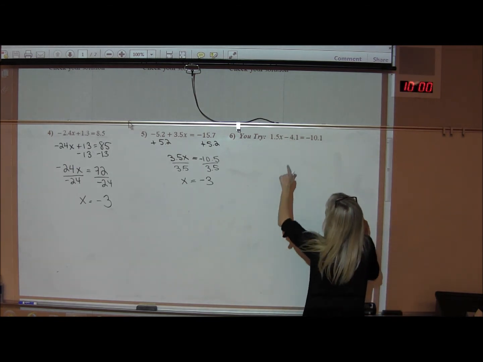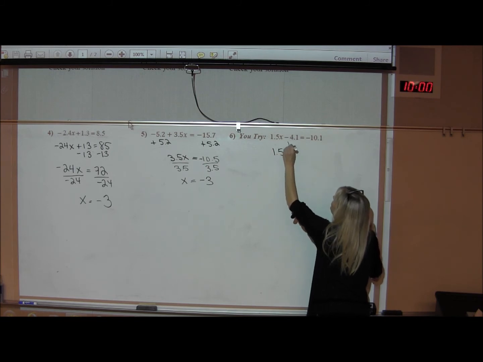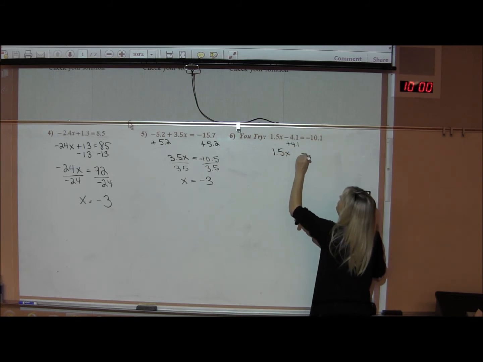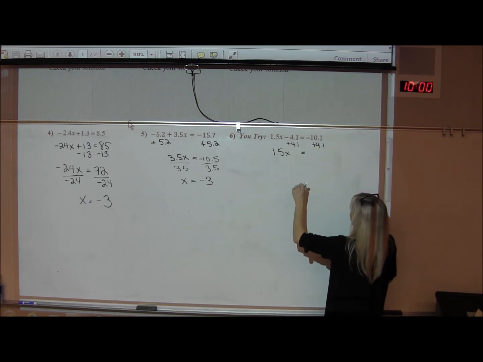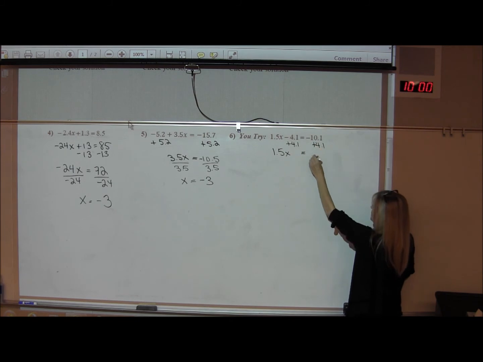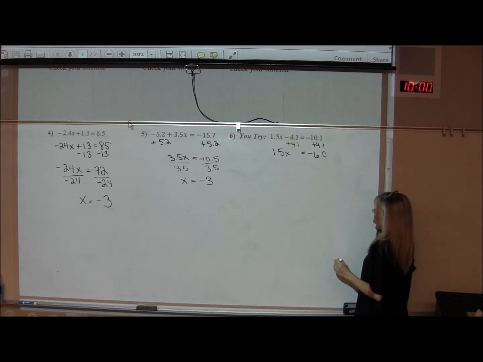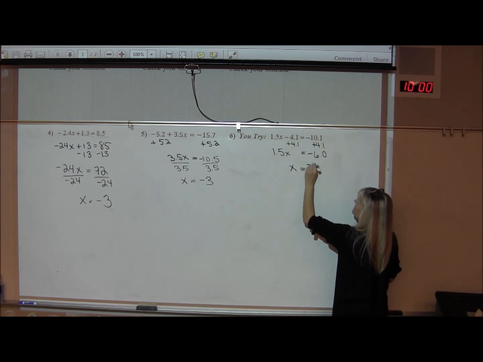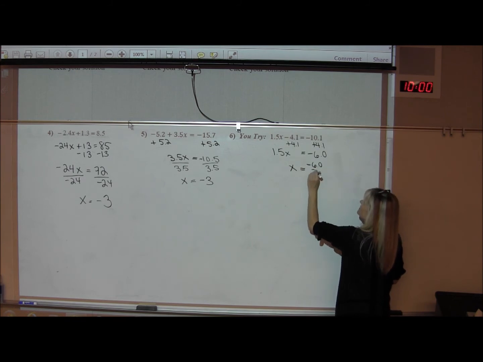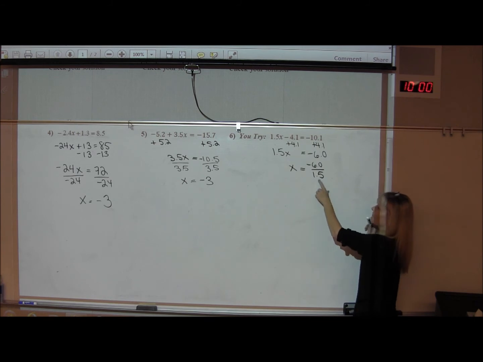So I'm adding 4.1 to both sides. So that gives me 1.5x equals, if you add 4.1 and use that same method we used over there, 10.1 minus 4.1 is 6, and it's a negative because the 10 is bigger. So then you have x equals negative 6, you can put the 0.0, you don't have to, divided by 1.5. Well, right away I think in my head, 1.5 times 2 is 3.